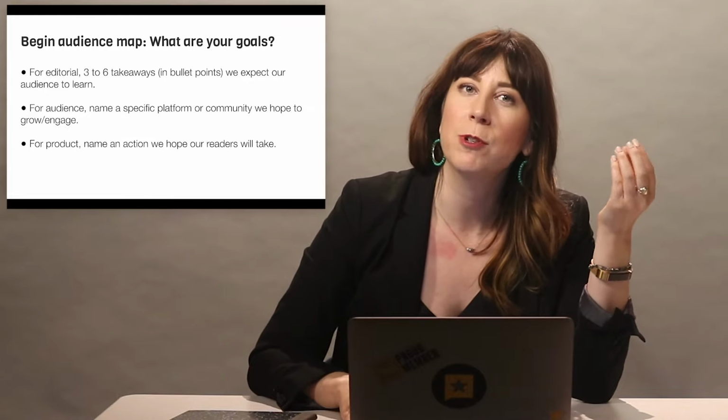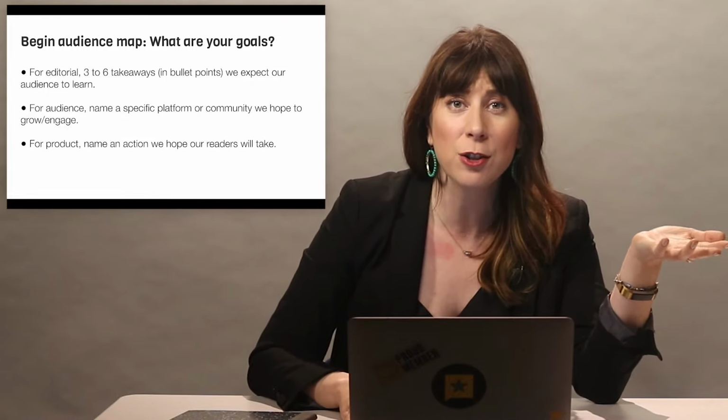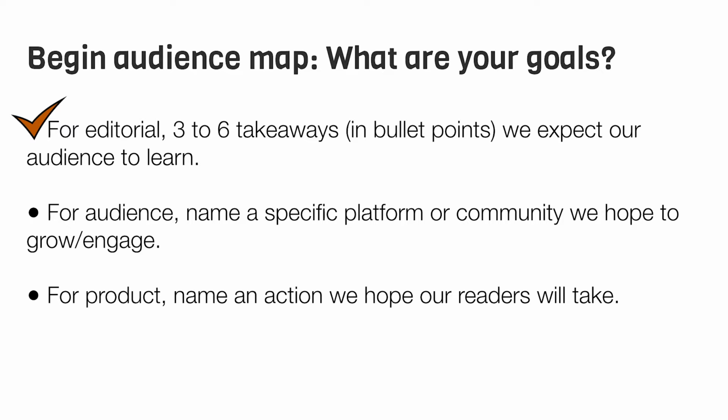If you reside in editorial, that might be, and this is something that I sometimes ask our editors to do, literally list 3 to 6 bullet points of what you would expect readers to learn from if it's a story, and you could make a story the basis for this entire audience map process if you want. It can be as simple as that.